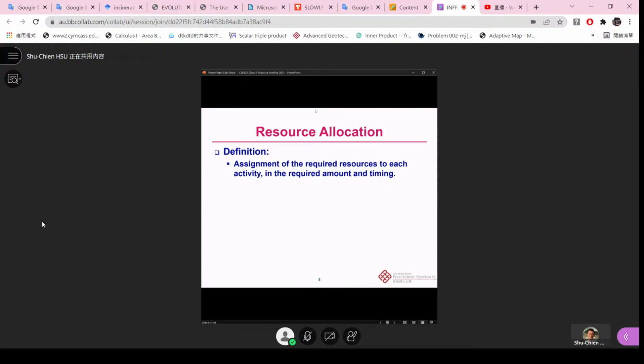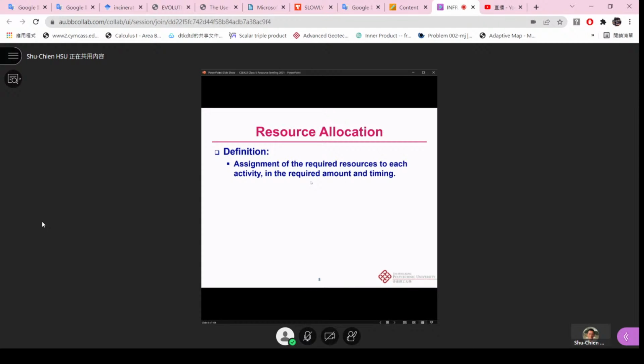All right. So based on the definition, resource allocation is the assignment of the required resources to each activity in the required amount and timing.